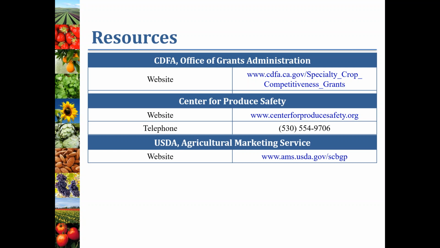We have also listed the website and phone number for the Center for Produce Safety. Additionally, the USDA Agricultural Marketing Service website is provided. There's a lot of great information you can find on their website regarding the SCBGP. However, if you try to contact the USDA, they will immediately refer you back to us.